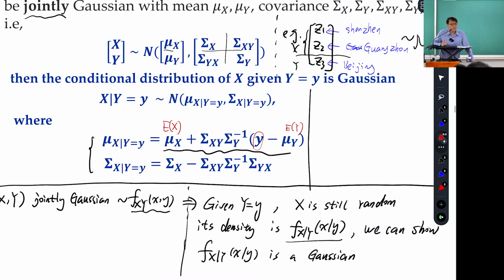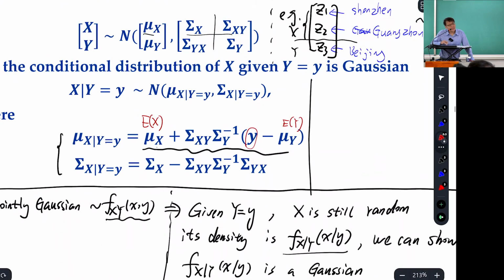Those are covariance matrices. Does it make sense to you? I'm not sure. It makes perfect sense to me. I don't want to read this, but I want to explain this to you. Always think about Guangzhou and Shenzhen, okay?